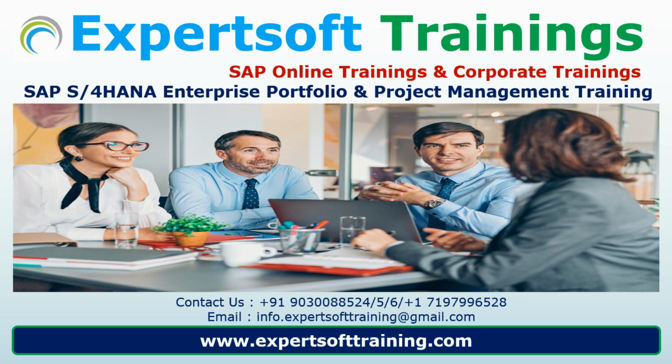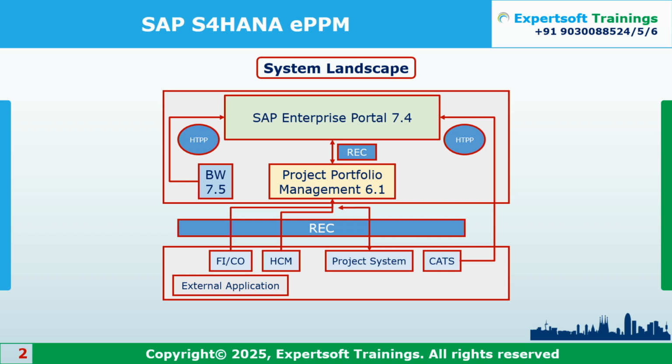Can you see my screen? Yeah, I can see. Okay. So I think last time we discussed the landscape and how the workflow can happen, meaning the entire portfolio management, how it is going to start and where it is going to end.